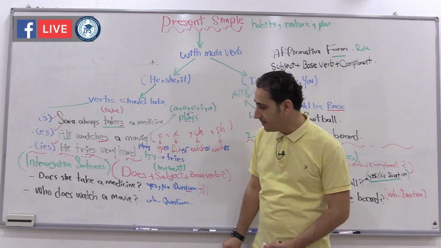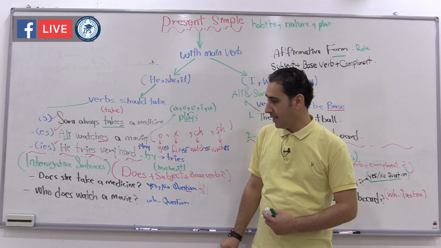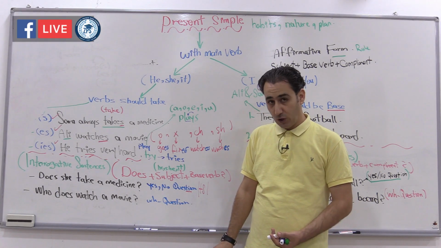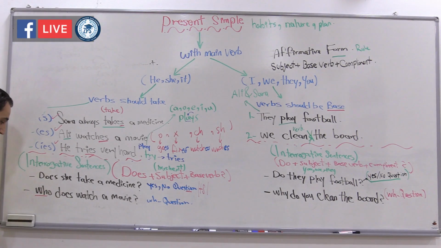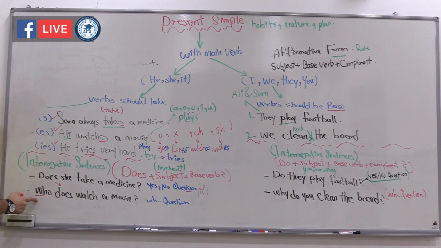But there are some sentences which can start with a WH question. Look, WH question. It means WH comes at the beginning of the sentence, then does. Who? And let me tell you one point.